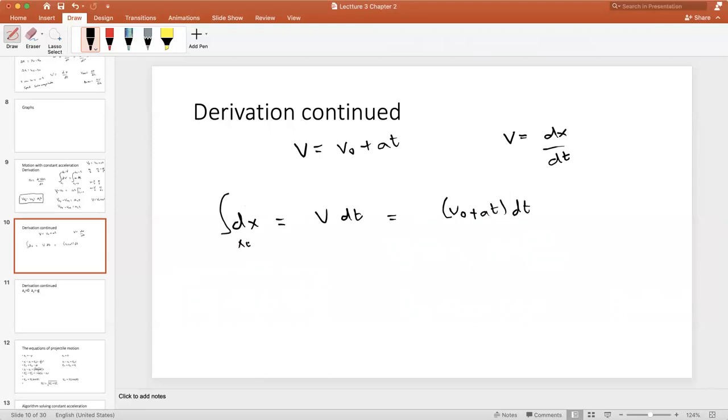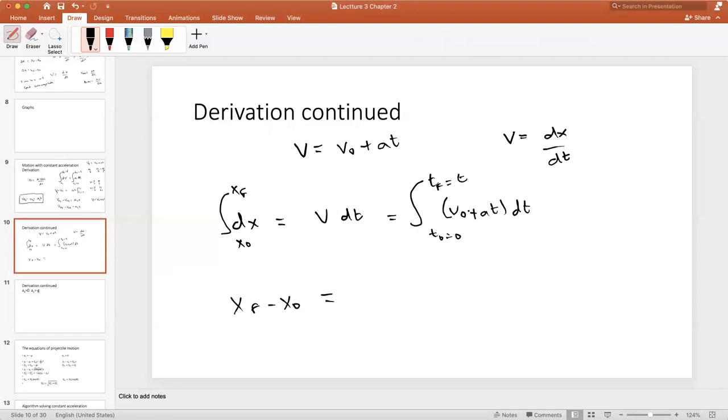And if we go from x initial to x final, and we go from t initial, which is again 0, to t final, which is again t, what we get here is x final minus x initial. This just comes out as an x, and we're going from x initial to x final.